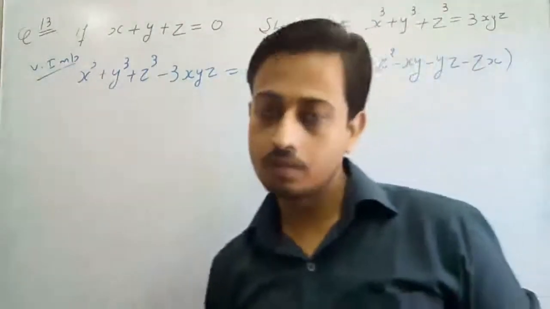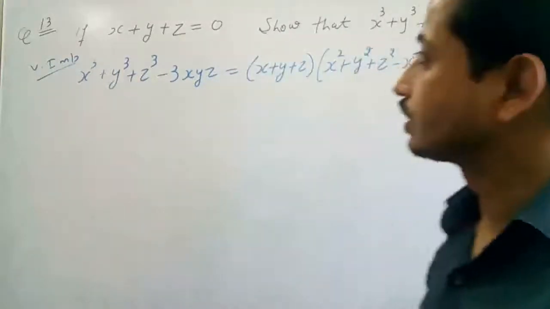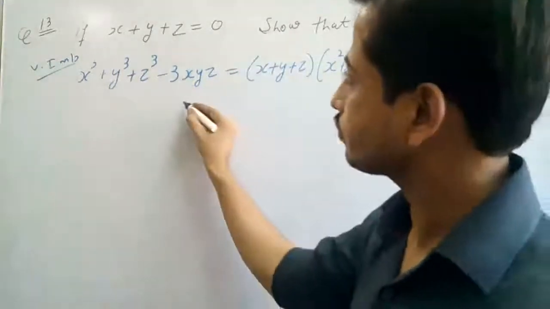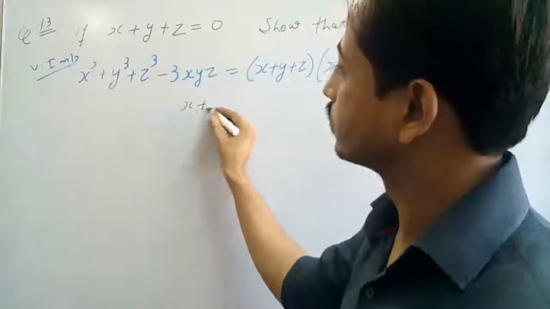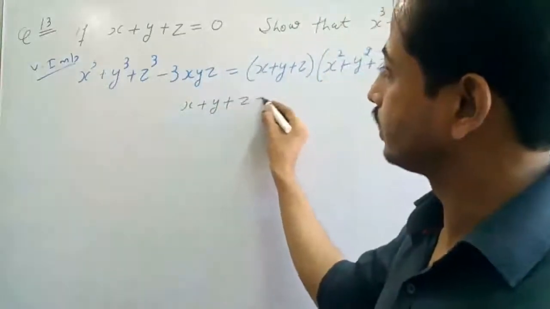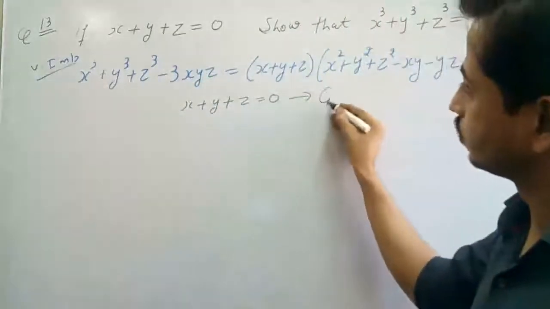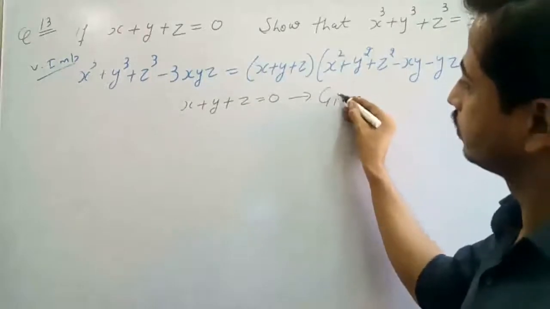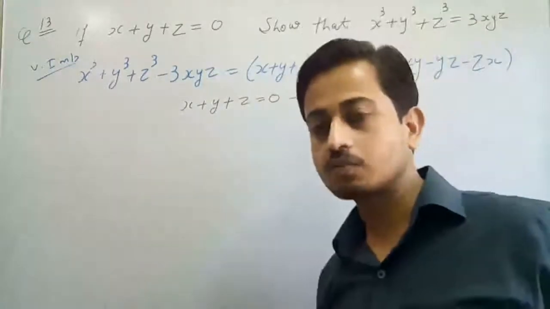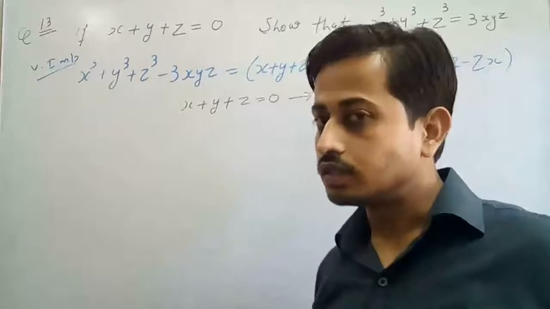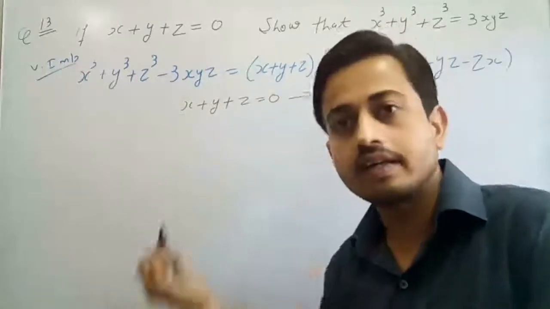It's very important. Now what we have given, x plus y plus z is equal to 0. We already know x plus y plus z is equal to 0. Then what we have to do? Put it here.